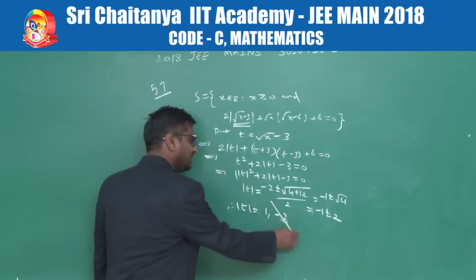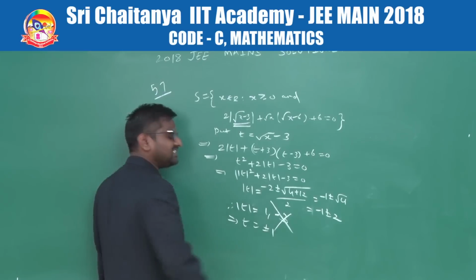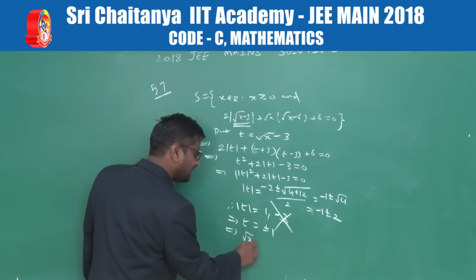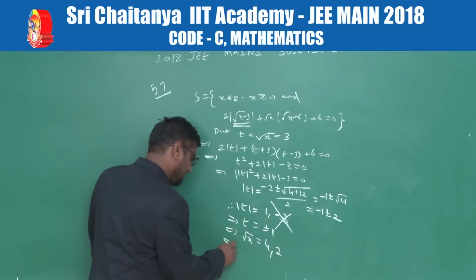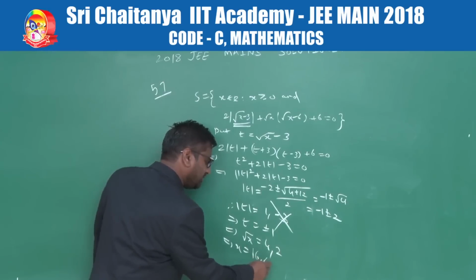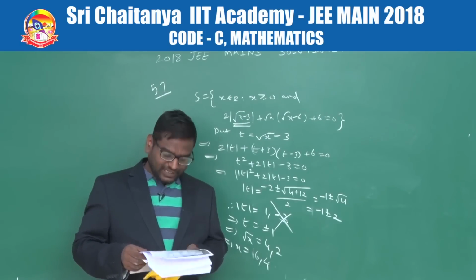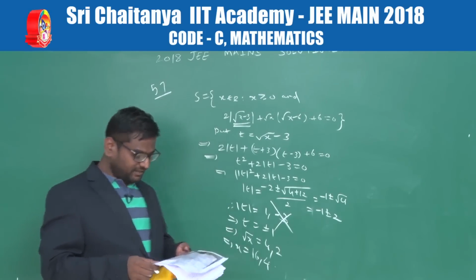Since mod t is non-negative, this is gone. So mod t is 1, or t equal to plus or minus 1. But what is t? Root x - 3. Therefore root x equal to 4, 2. Therefore x equal to 16, 4. Therefore this set will have exactly 2 elements and hence option 2 is correct.